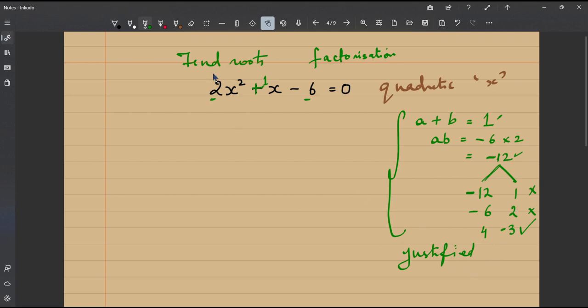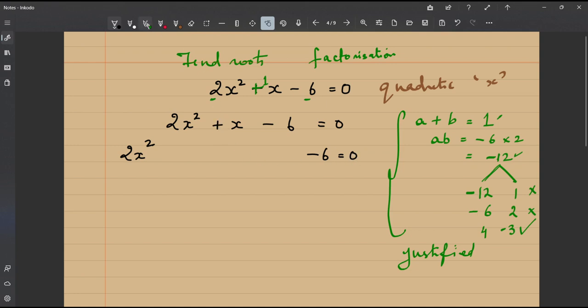So, coming back to our problem of finding the roots, let us rewrite this equation. The equation given to us was 2x squared plus x minus 6 is equal to 0. Now, the first term will remain the same, 2x squared, and the constant also is going to remain the same.